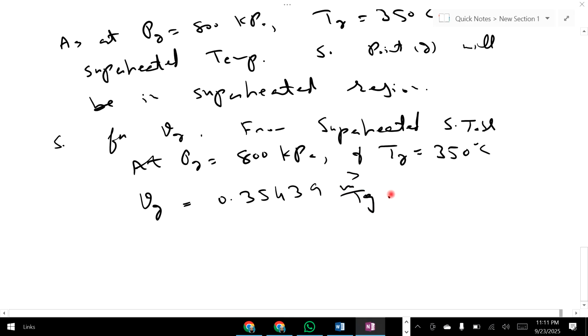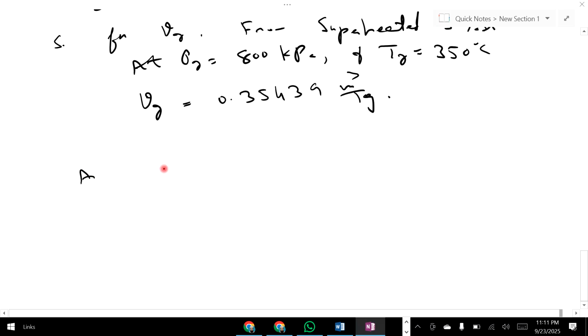Now we have to find total volume. As we know that specific volume is equal to total volume divided by total mass, this implies that, rearranging this equation, total volume is equal to total mass into specific volume.